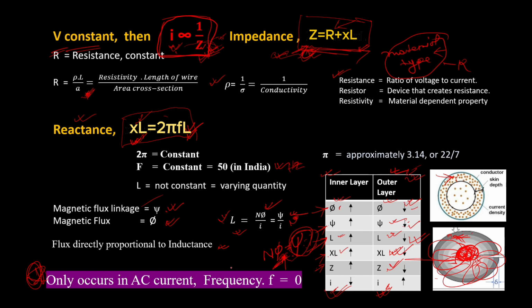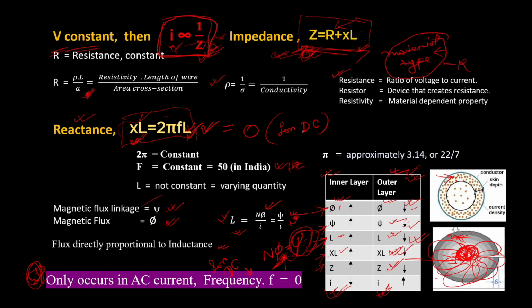for DC, we know there is no frequency, F is equal to 0. So if we put F equal to 0 in the reactance formula, XL is equal to 2 pi FL, this total part XL will come 0 for DC.